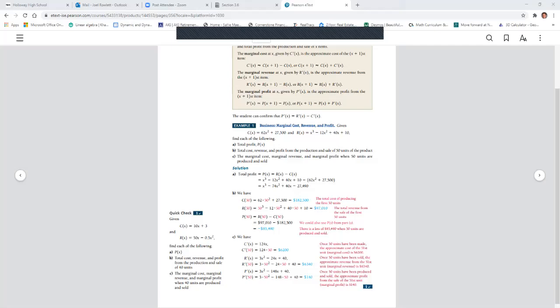A, the total profit, which is P of x. B, the total cost, revenue, and profit from the production and sale of 50 units of the product. And then part C is going to be the new stuff. Find the marginal cost, the marginal revenue, and marginal profit when 50 units are produced and sold.